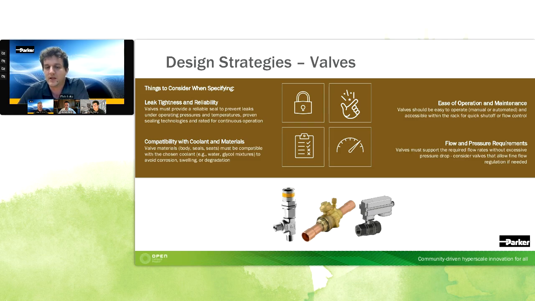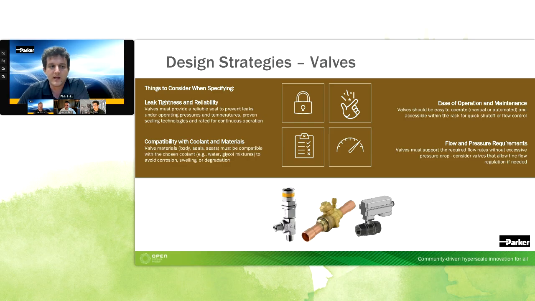drop requirements. Every time you use a valve, there are internal components that are going to create a pressure drop, and you have to make sure you're sizing that component correctly, and that you are good with the pressure drop that's going to be induced into your system because of this valve, and that the benefit the valve is giving you outweighs that pressure drop.